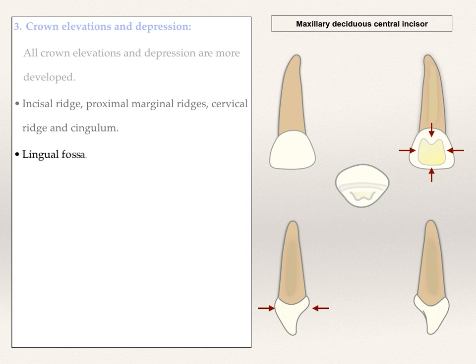Lastly, the lingual fossa. Cervical line. All deciduous incisors have a constricted neck.